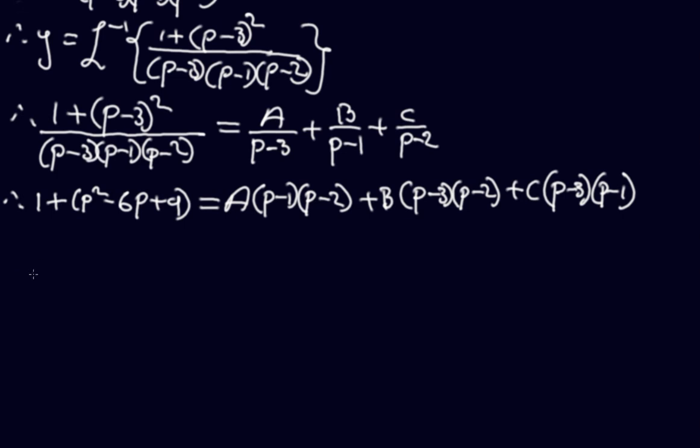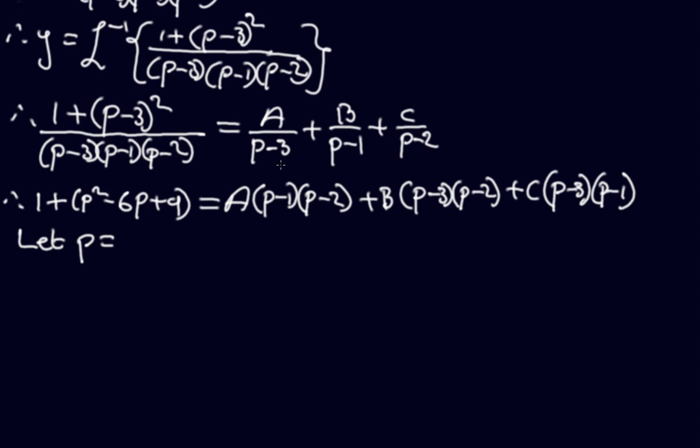Then after this, let's start with the easier option. Let us try to say let p be equal to some value. What are those values? For this problem they could be p equal to 2, p equal to 1, p equal to 3.